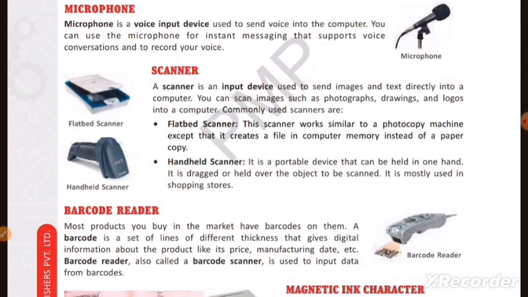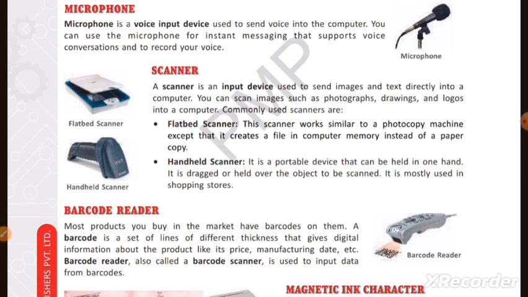Means flatbed scanner works the same as a photocopy machine. You might have seen a photocopy machine which helps us to create a copy of the data or the page we provide into it. The only difference is that it creates a copy in the computer memory.